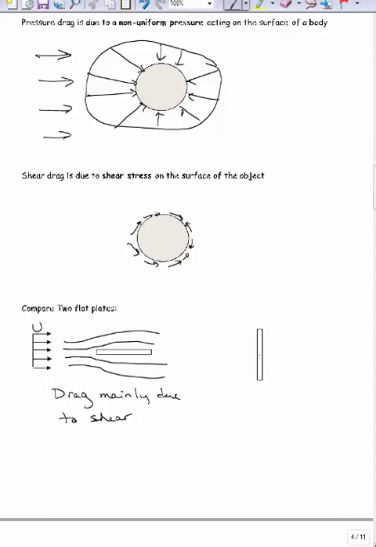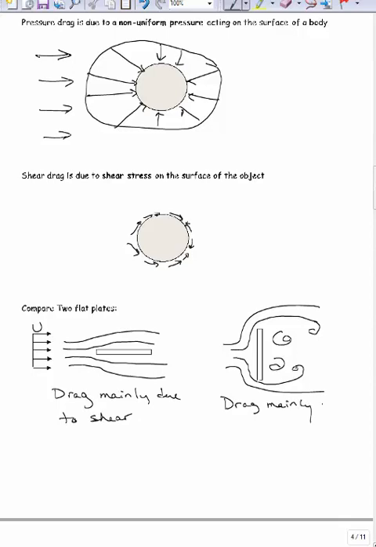Okay. If you, on the other hand, have it oriented perpendicular to the flow, then this is what your streamlines look like. Maybe they curl in here, something like this. You get some separation with some vortices going on. In this case, the drag is mainly due to pressure.